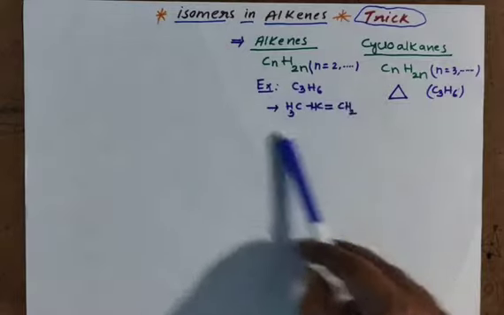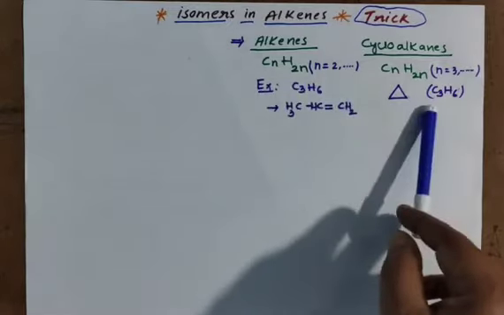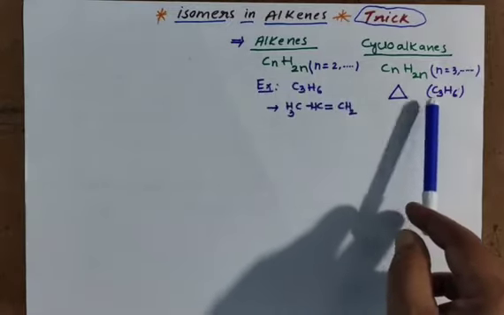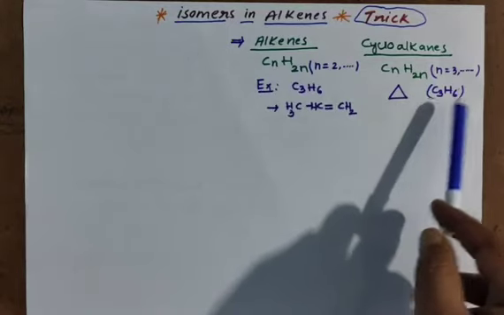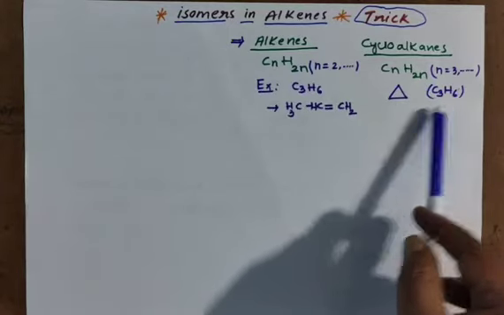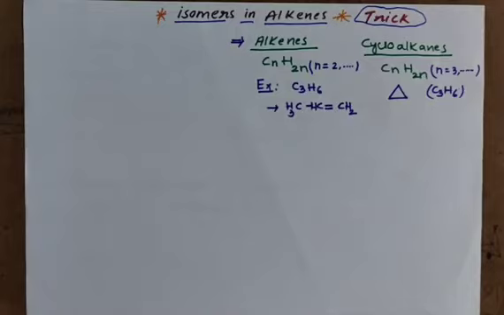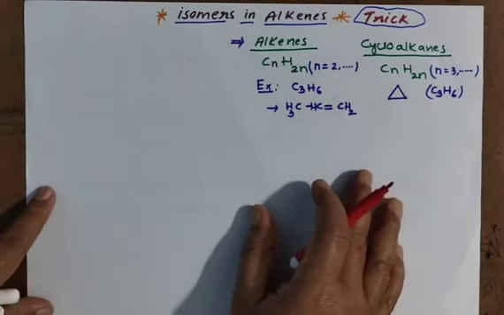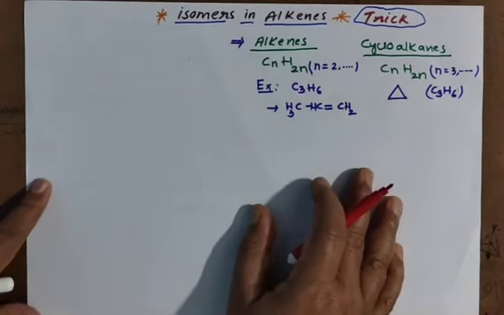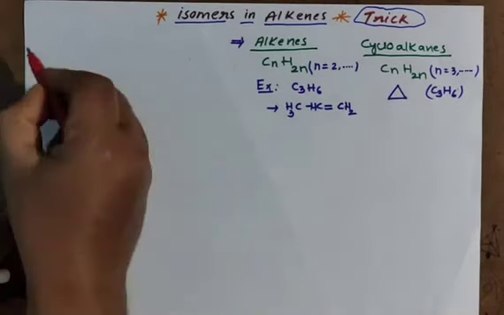Every time it is not possible to draw these structures in competitive exams like NEET, JEE, AIIMS, JIPMER. So I am giving an excellent trick to know the number of possible isomers in alkenes. The best trick.